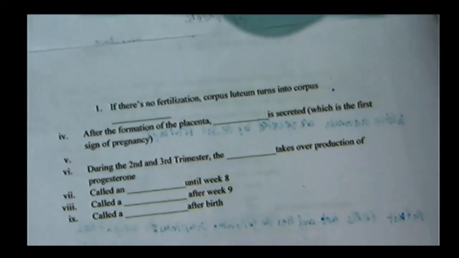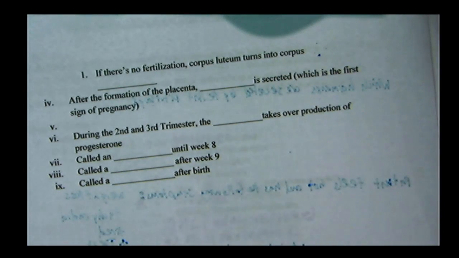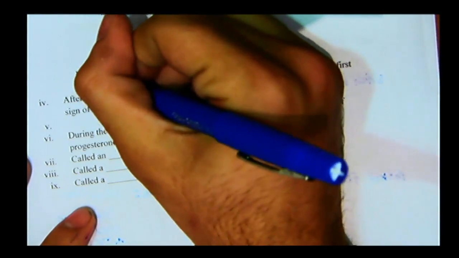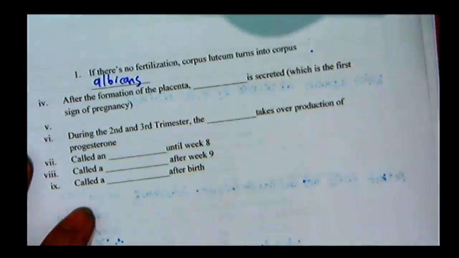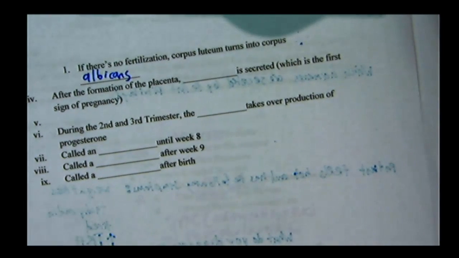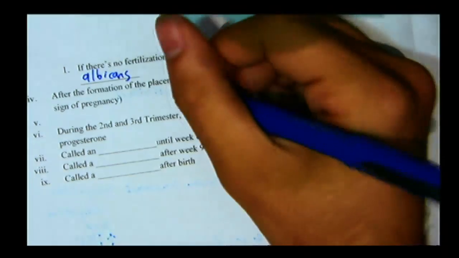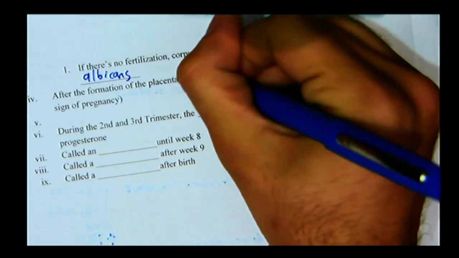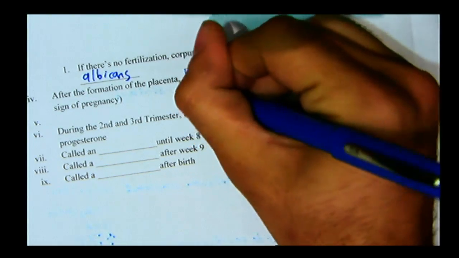After the formation of the placenta, what is secreted, which is the first sign of pregnancy? HCG. Human chorionic gonadotropin. Yeah, that's it. So that's what the pregnancy test tests for. It tests for HCG.